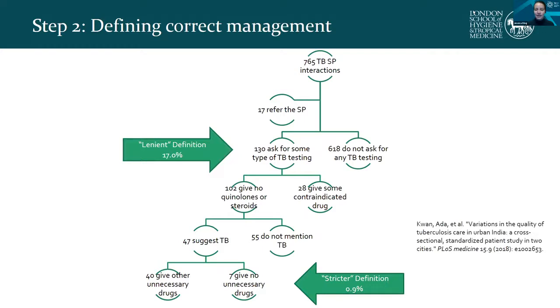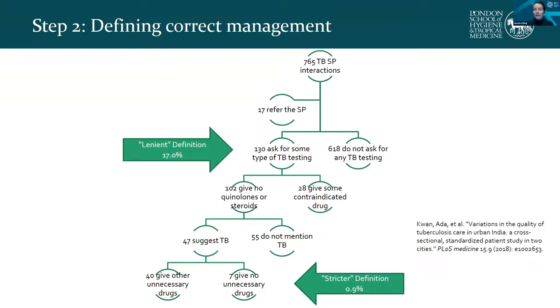So a standardized patient goes in with various symptoms of TB, a persistent cough, and depending on the way we define good quality of care or correct management, if we say that the only thing the provider has to do is ask for some sort of TB testing, so they just have to say, oh, I'm going to send you for a TB test, then we had 17% of these patients getting correct management.